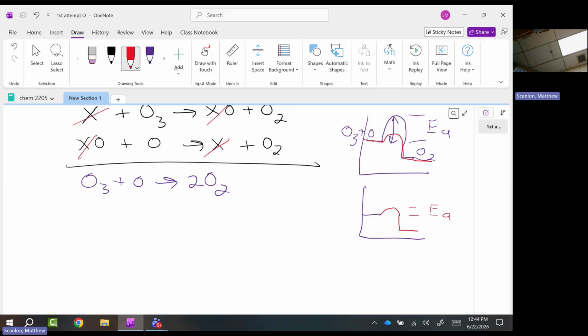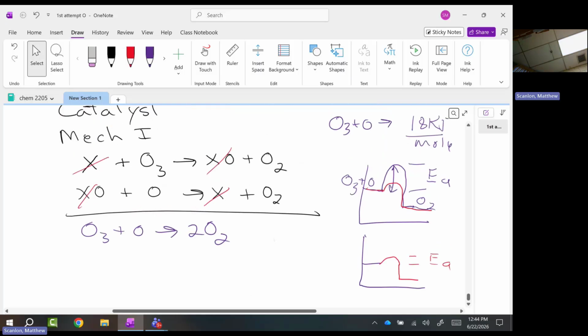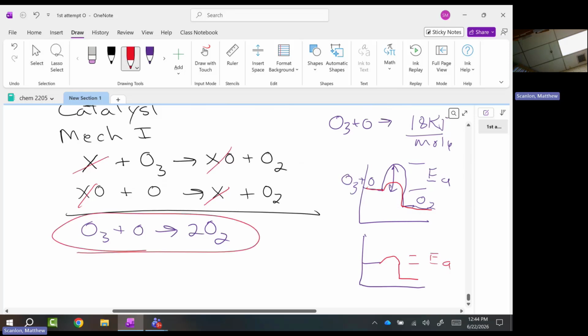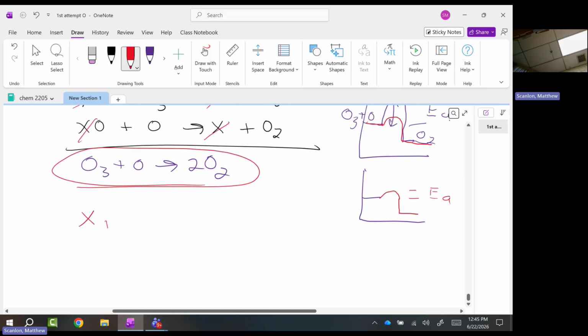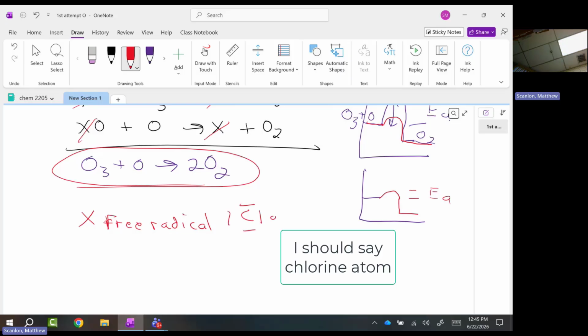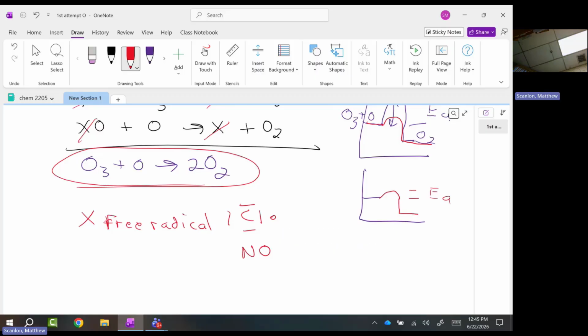And that's what X does. And note that X is not used in the overall reaction. In general, X is a free radical, for example chlorine, perhaps, or NO. If you draw the Lewis dot structure, you have a lone electron on there.